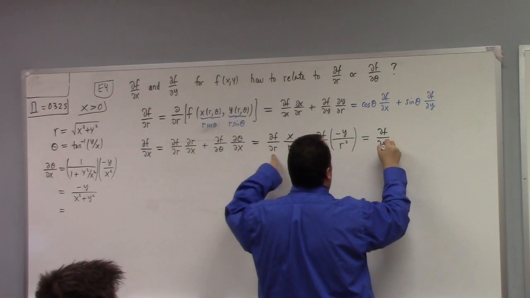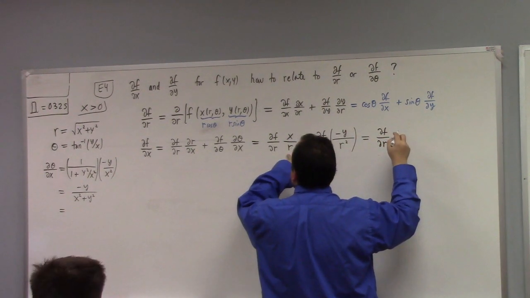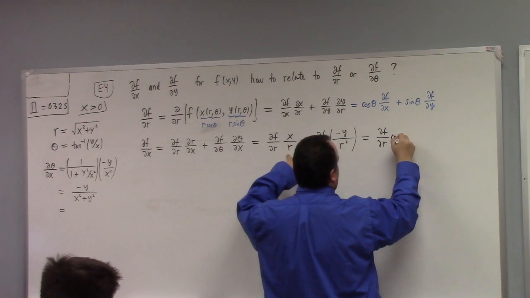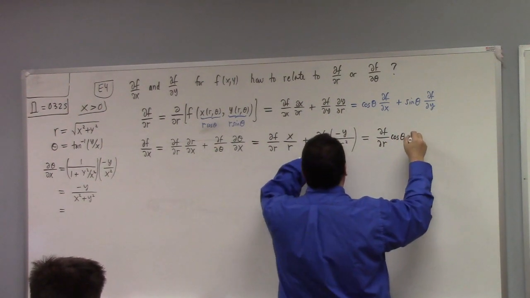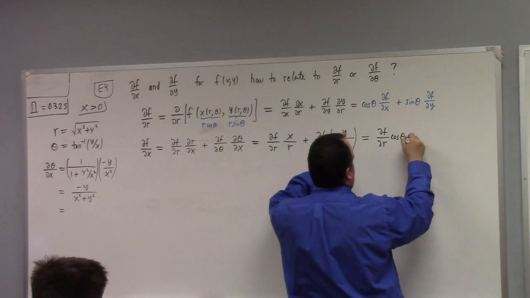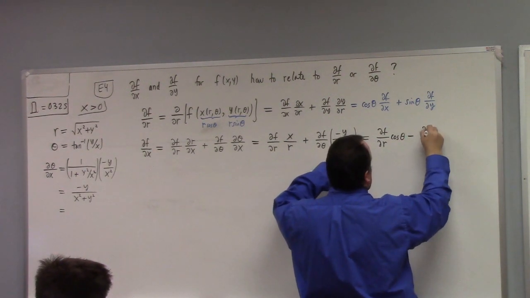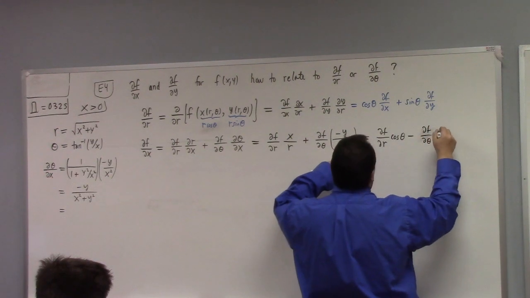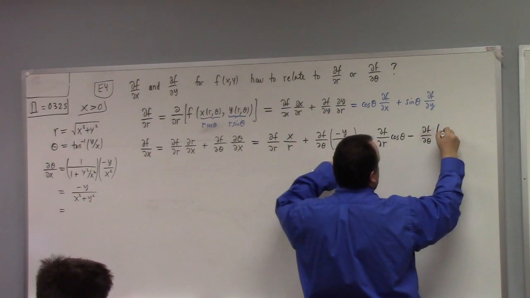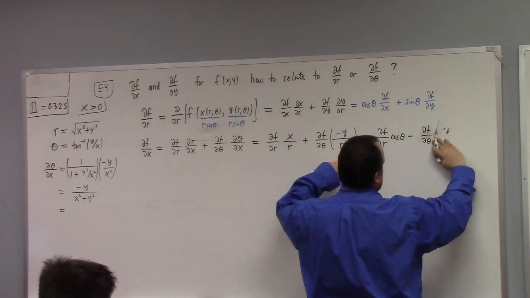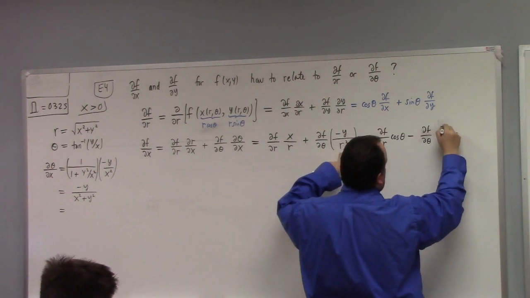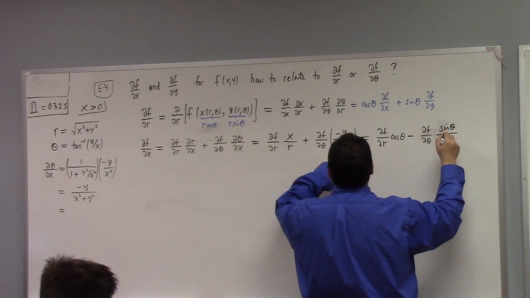What's x over r? X over r is cosine theta. And then, what's y over r squared? That's minus, partial f partial theta times minus sine theta over r.